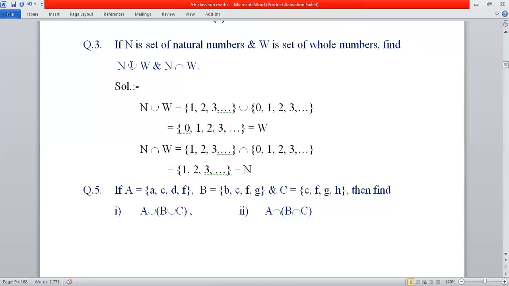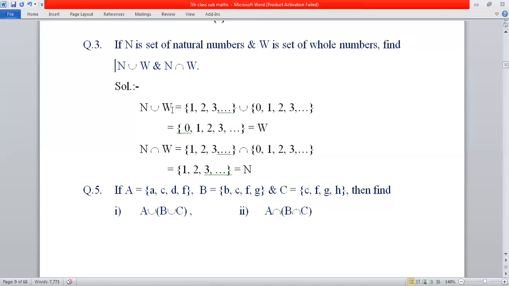You can say that question number 3 is a revision of both questions. First we find the union of these two sets N and W, and then we find the intersection of these two sets, N intersection W. So first we find the union.